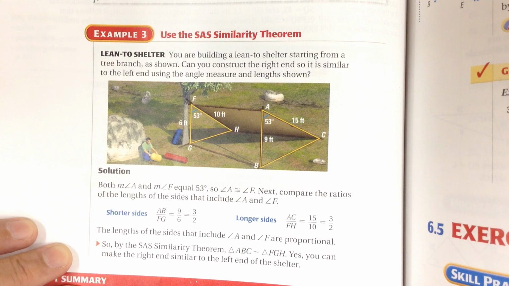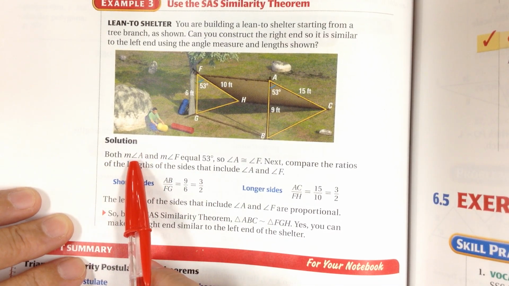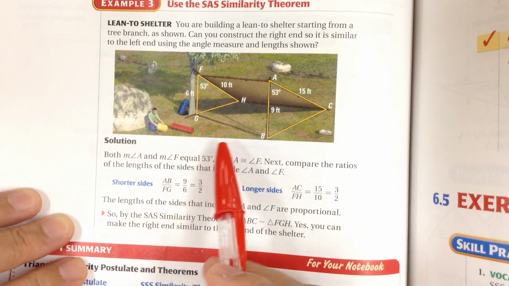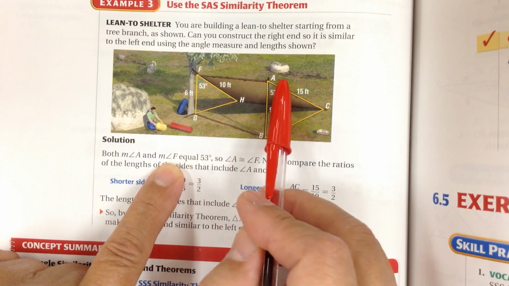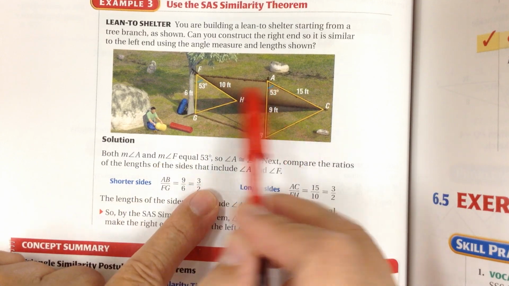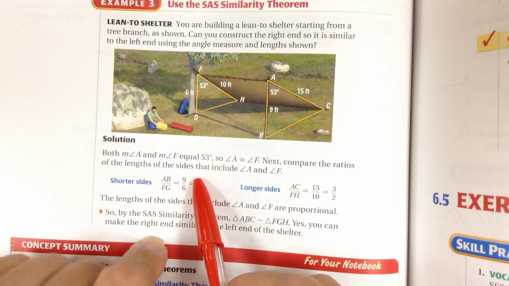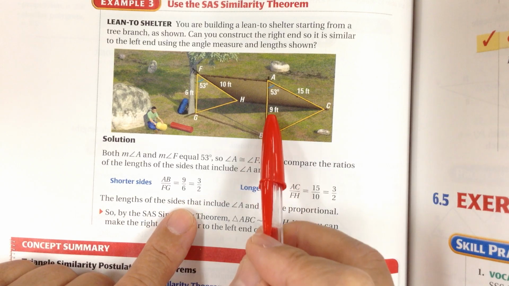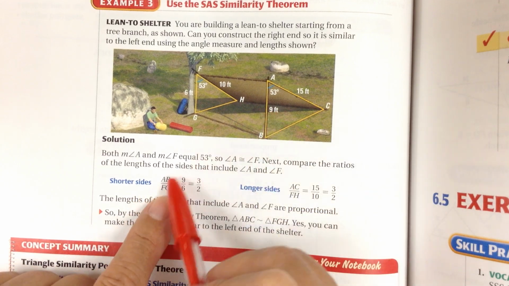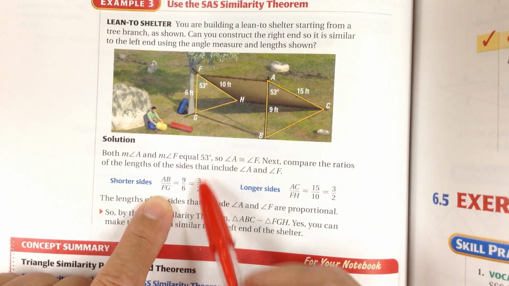Again, measure: both angle A and angle F are 53 degrees, so angle A is congruent to angle F. Next, compare the ratio of the lengths of the sides that include angle A and angle F. AB over FG is 9 over 6, which equals 3 over 2.